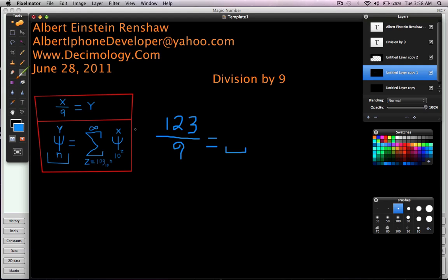So 123 is the same as 0.000123.0000, and the way I notate that is 0, 0, 0 with a bar on the top left corner saying there's an infinite number of zeros this way, and then we reach 1, 2, and 3.